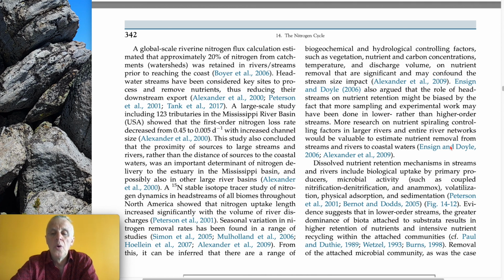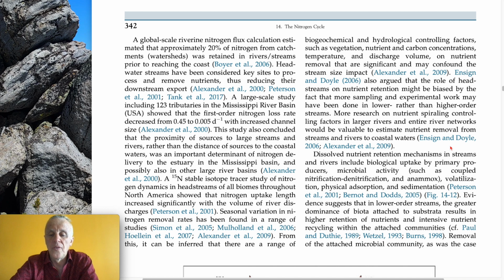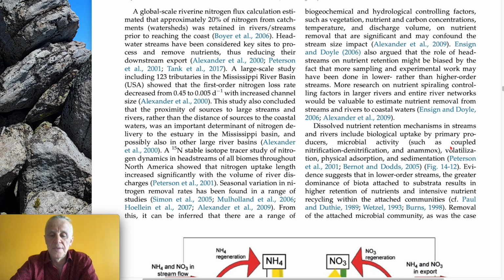Ensign also argued that the role of headwater streams in nutrient retention might be biased by the fact that more sampling and experimental work may have been done in lower rather than higher order streams. More research on nutrient spiraling controlling factors in large rivers and entire river networks would be valuable to estimate nutrient removal from streams and rivers to coastal waters.